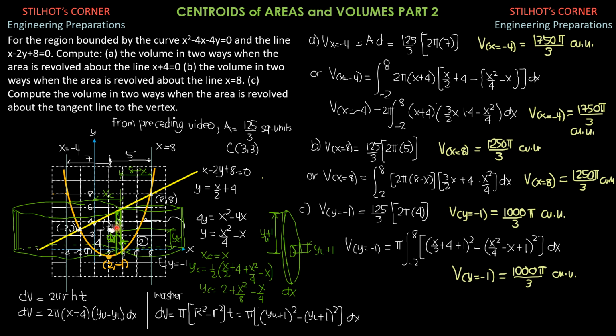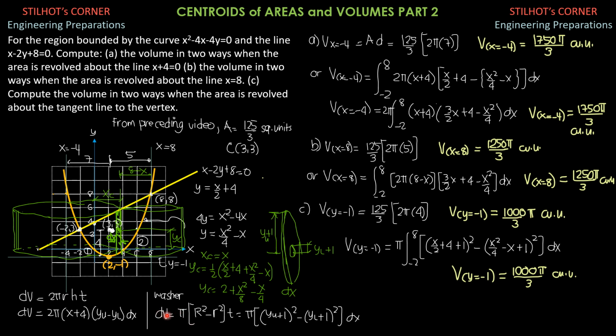In other words, upper y 3 minus lower y negative 1, 3 plus 1, so that's why we have 4. So volume by Pappus proposition is area of the region 125 over 3 times 2 pi times radius of revolution 4. So it is 1000 pi over 3 cubic units.